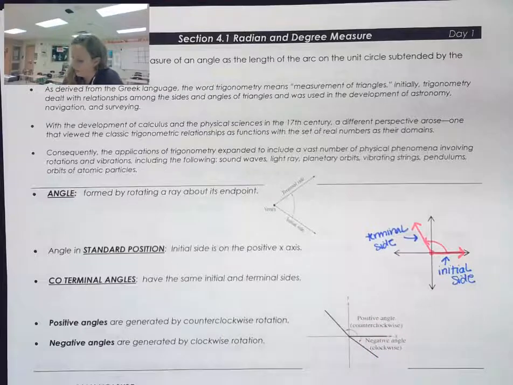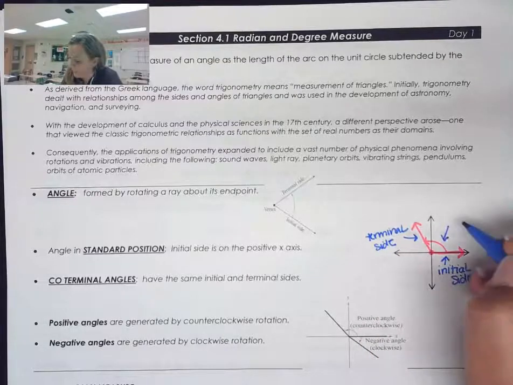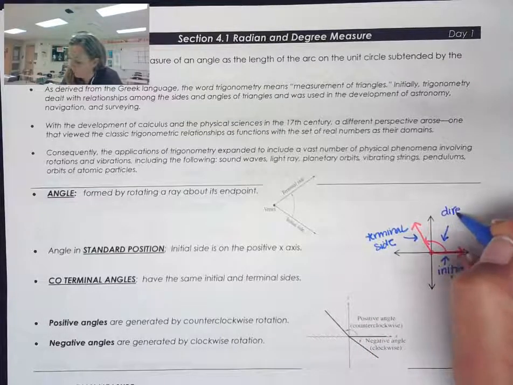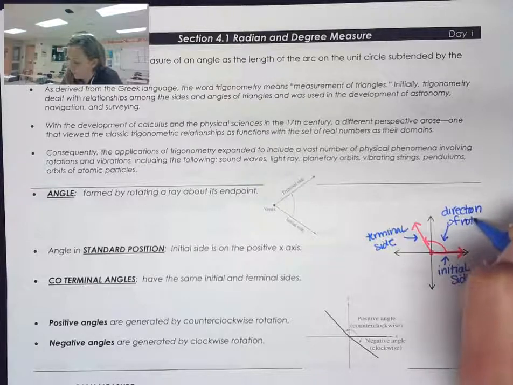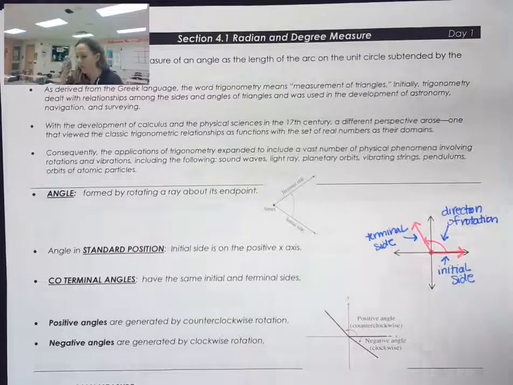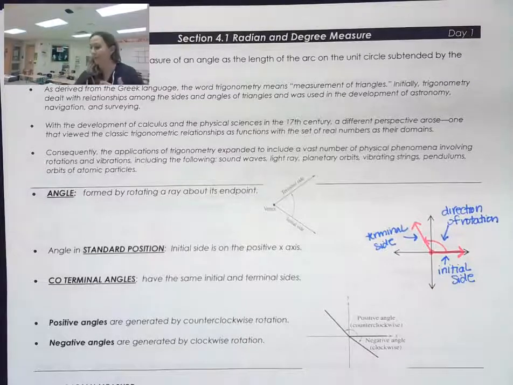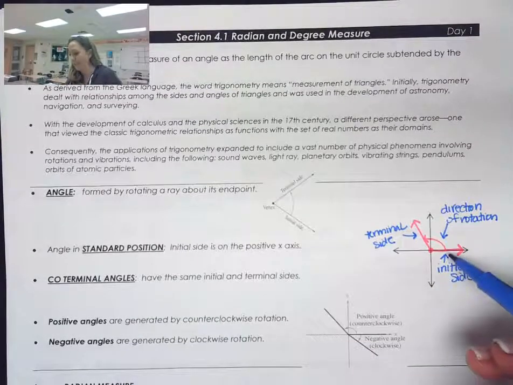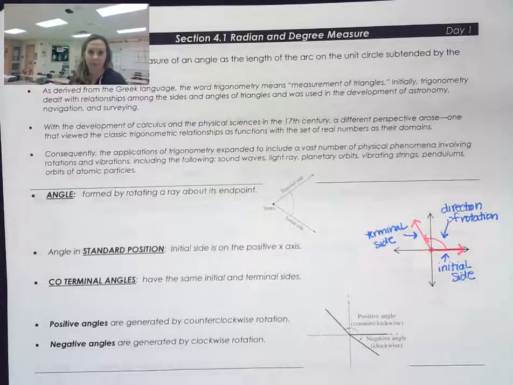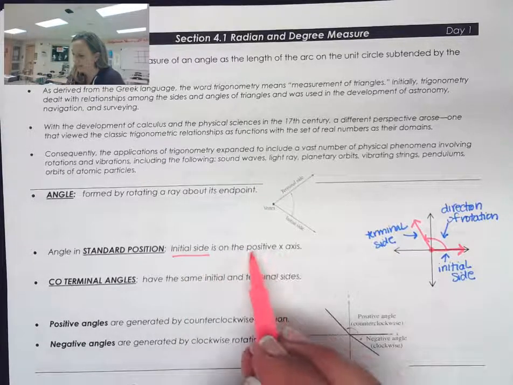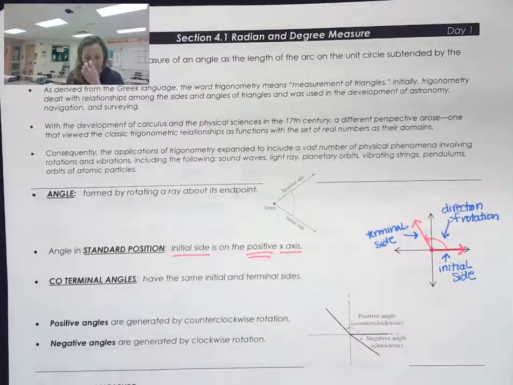And the other thing you need is the direction of rotation. That direction of rotation tells us that this is the initial side, and the arrow tells us that it went to the terminal side, okay? So again, angles in standard position mean the initial side is on the positive x-axis.